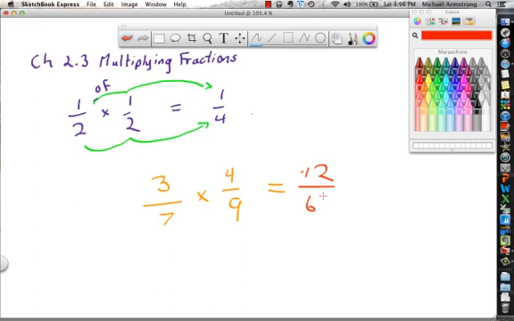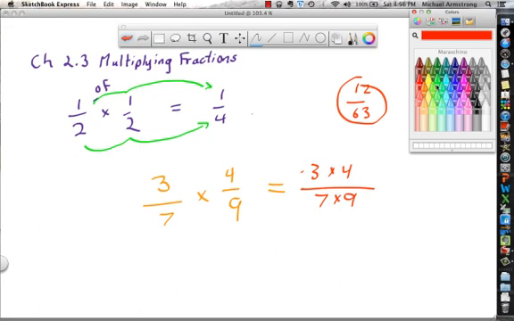And I guess the way that they like you to do it is like this. 3 times 4 over 7 times 9. Okay. And it's 12 63rds. But that can be simplified. It's not super easy to simplify, but it can be, and it'd be better if we were to simplify it first.